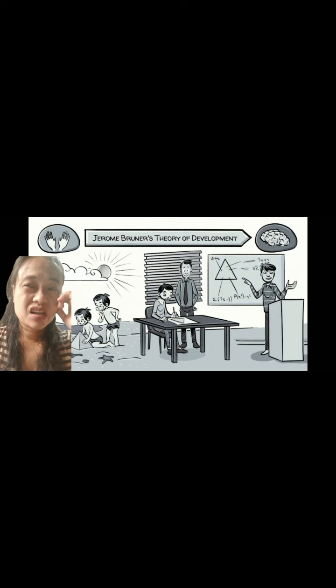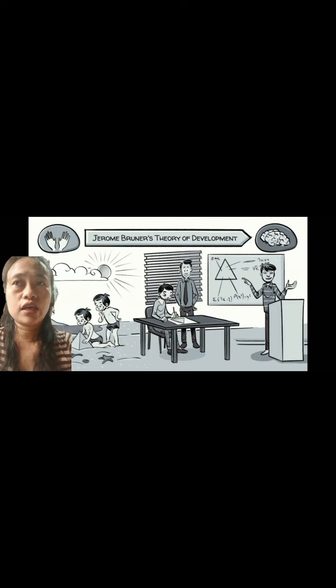Using this spiral curriculum or these stages of representation, the learners may learn easily because the information that they saw or that they learned has been retained from the previous learnings.